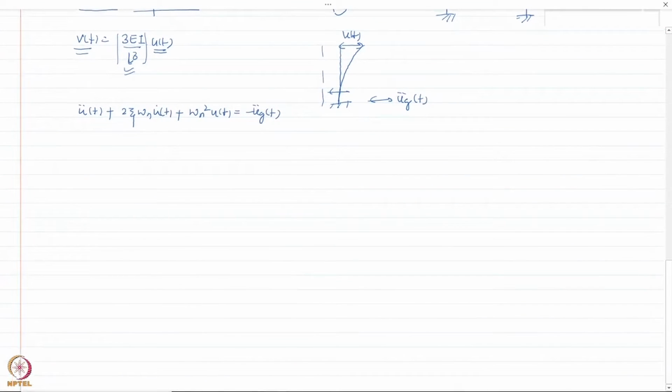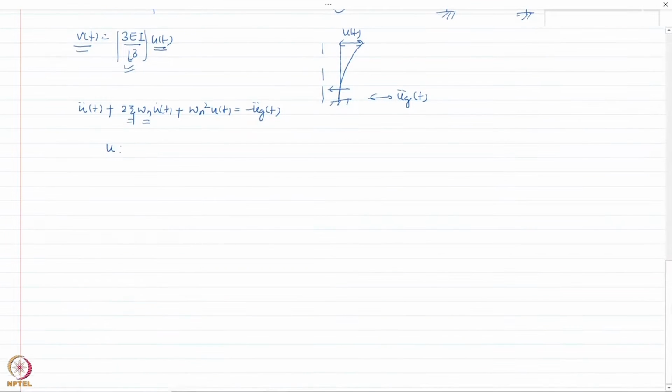Now, if you look carefully at this equation, can I say my displacement u depends only on two factors here? Which are those factors? Parameters, basically zeta and omega n. Because if you look at this equation, except these two parameters, there are no other parameters involved in this equation.